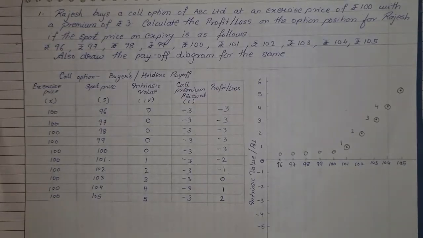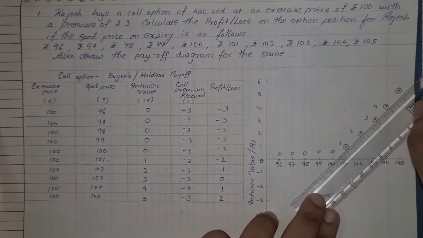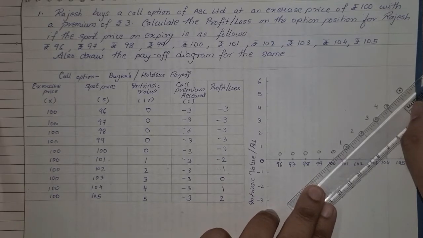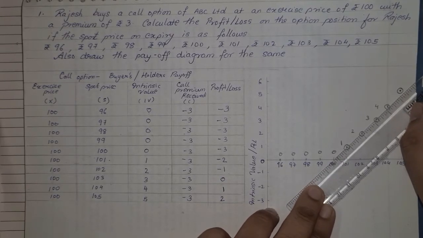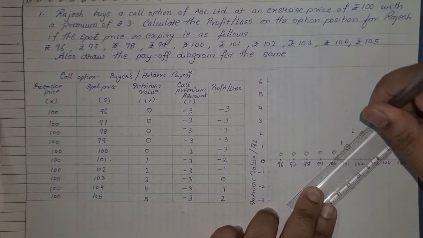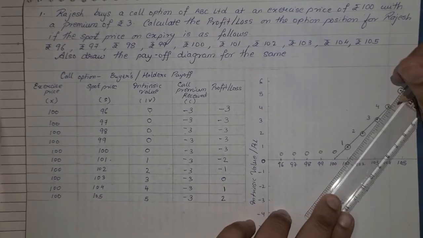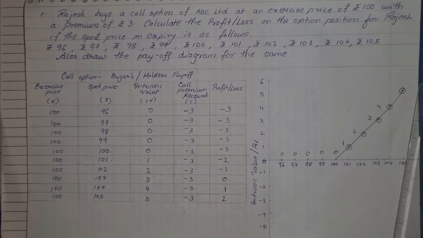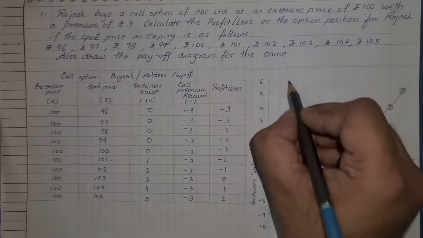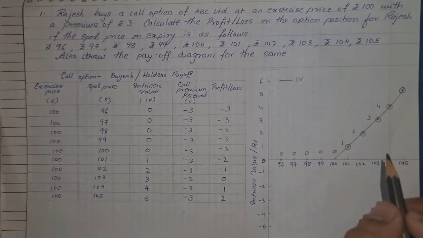Now if I try to join it, since they were all 0, I don't have to mark it here. From here we have to mark all the points. So we're going to mark it down. And then there's a bit of a hinge here, so we just mark down. So that's my intrinsic value. I'll note it on my key that the straight line is nothing but my intrinsic value.